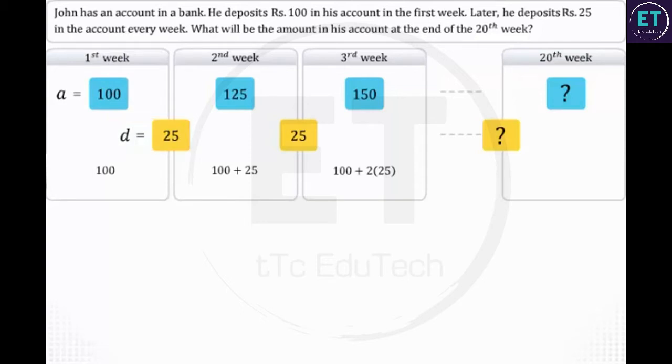As you can see from the table, the general form of AP is A, A plus D, A plus 2D, and so on.